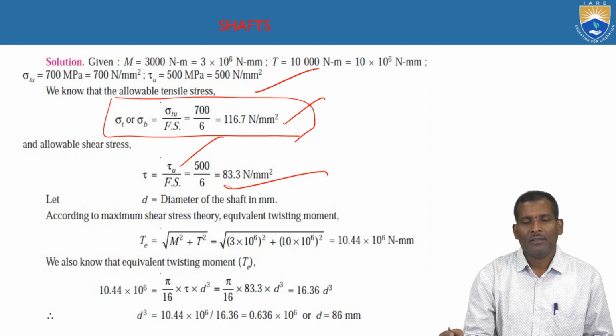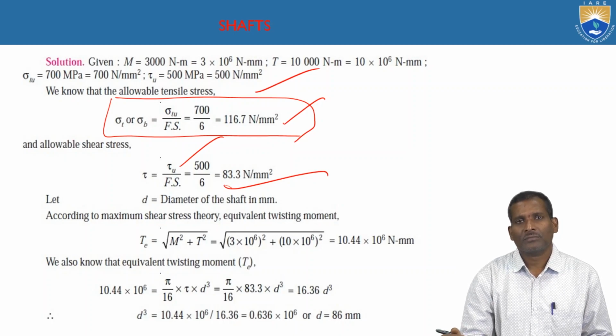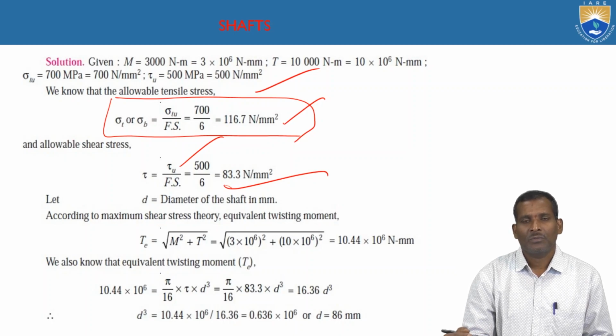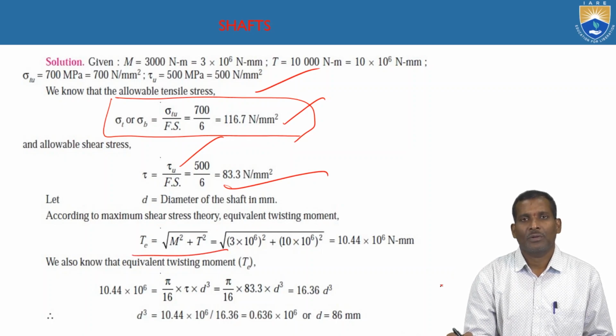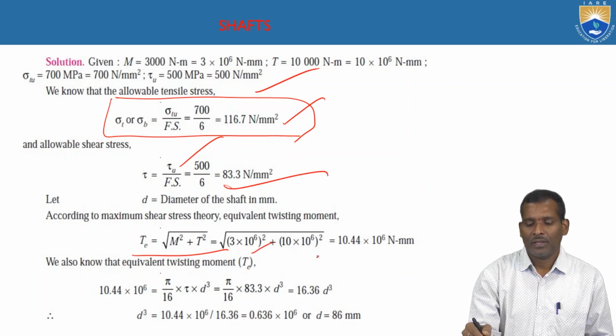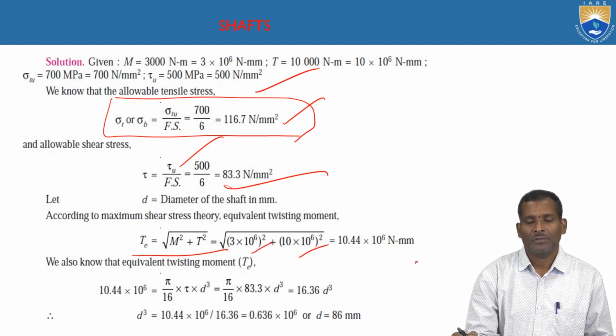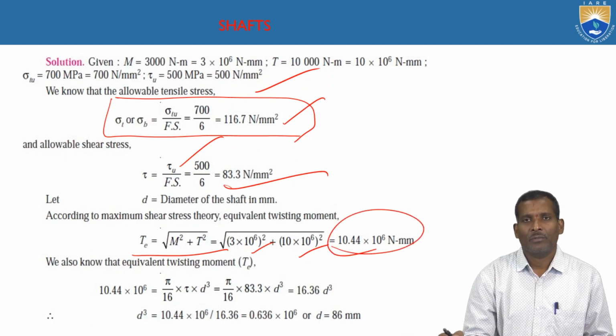So now apply the two theories we have discussed in the previous slides. First apply the maximum shear stress theory, that is Guest's theory. According to the maximum shear stress theory, the equivalent twisting moment TE is equal to the square root of M square plus T square. Substitute the M and T values, and we will get 10.44 into 10 to the power of 6 Newton mm.